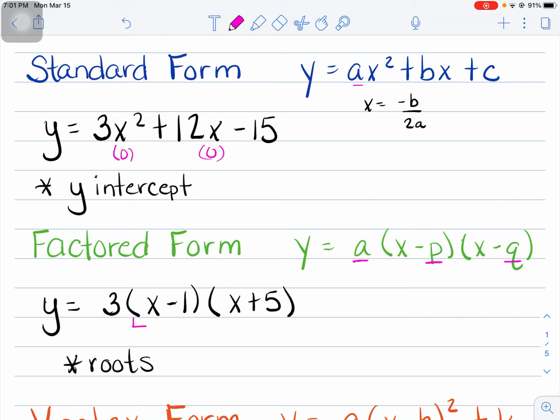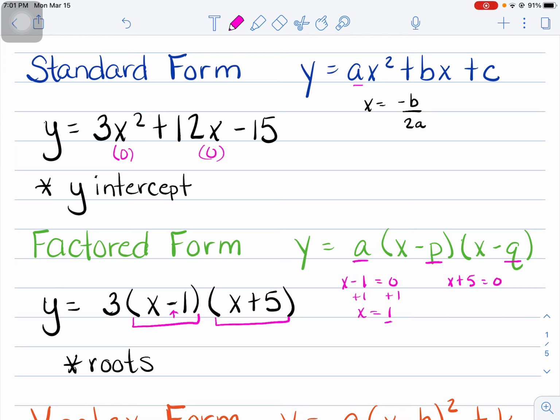In factored form, the way we think about the part in parentheses is, if I want to know where it hits 0, I would say x minus 1 equals 0 and solve for x. Plus 1, x is 1. Notice this was a negative, but my solution is a positive. Same thing with x plus 5.